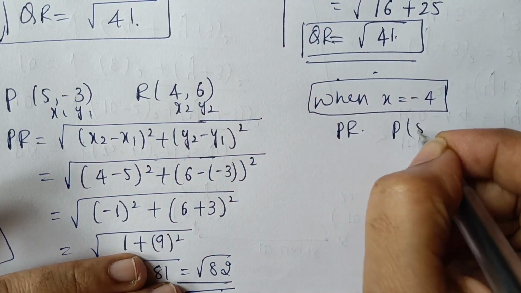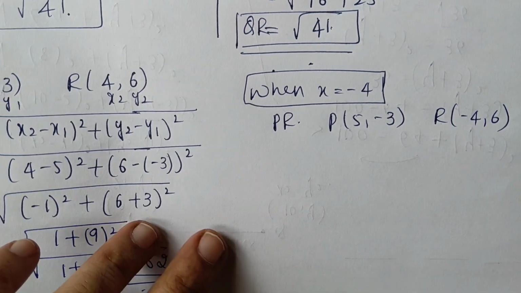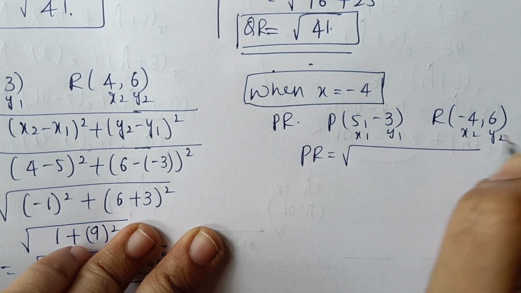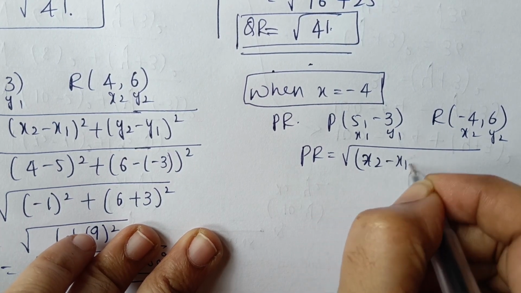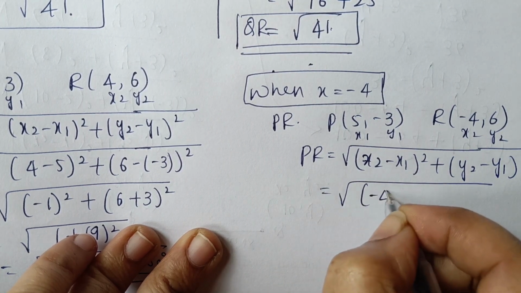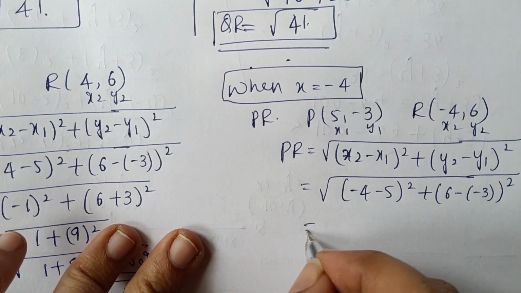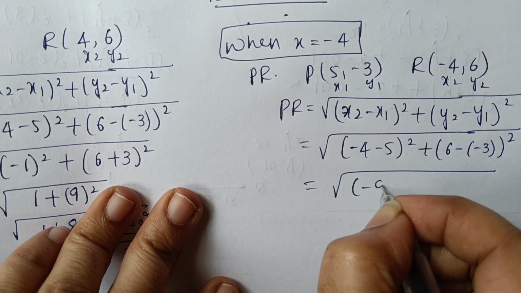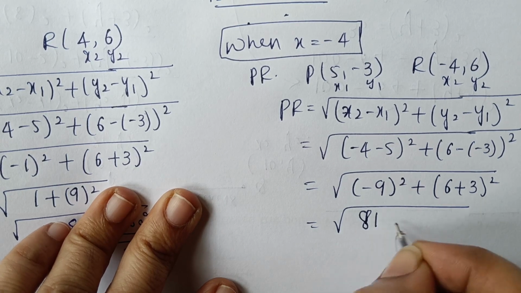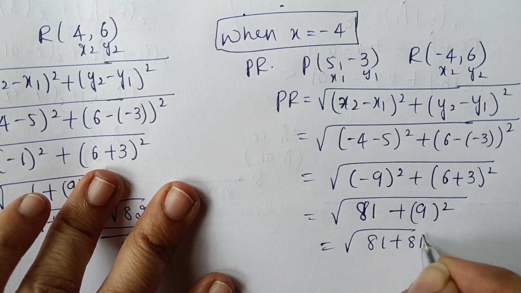So P is 5, minus 3, but R is minus 4, 6. So we have to take 2 cases here. Then find out PR again, x1 y1, x2 y2, (x2 minus x1) whole square plus (y2 minus y1) whole square, then (minus 4 minus 5) whole square plus (6 minus of minus 3) whole square, that is (minus 9) square plus (6 plus 3), 9 square. 9 nines are 81, so square root of 81 plus 81.